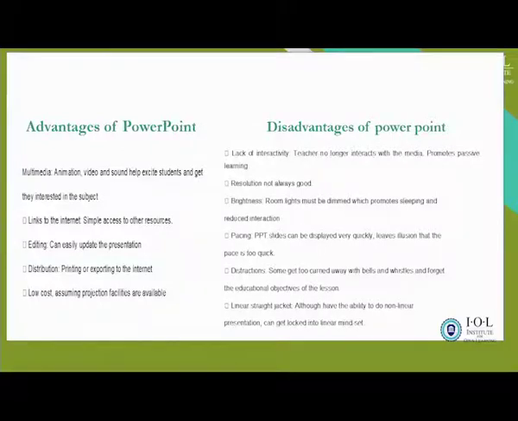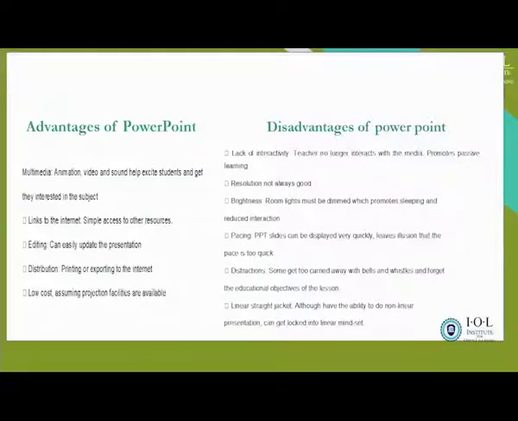A PowerPoint lesson is very much interesting, because you have a combination of multimedia. It allows you to display your text, the subject that you are teaching for that certain day, and it allows you to bring videos where learners can watch and see, and then you can bring in animation and different pictures that will catch the learners' attention.